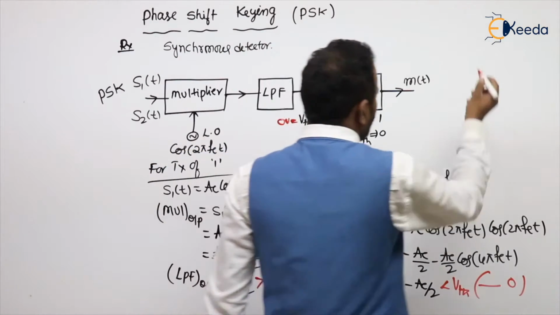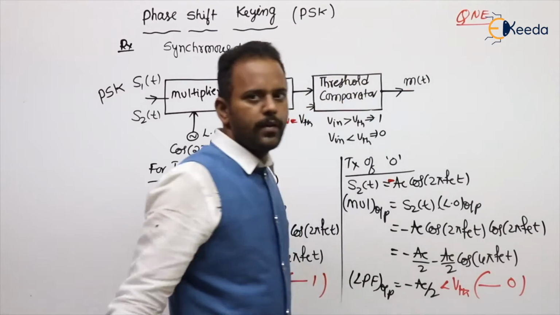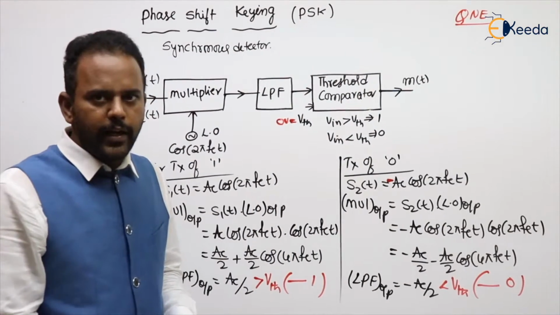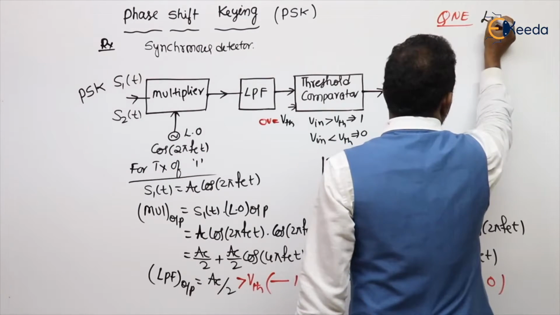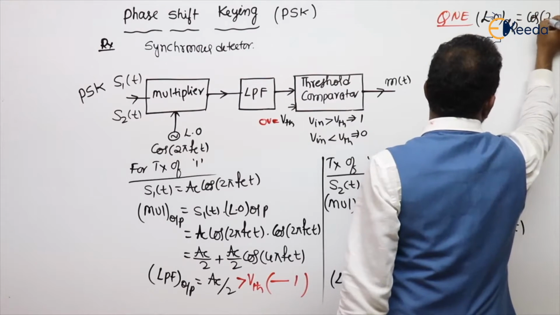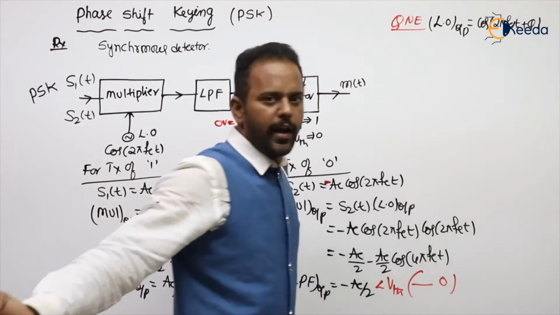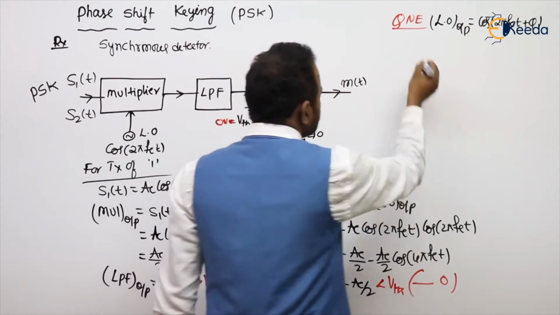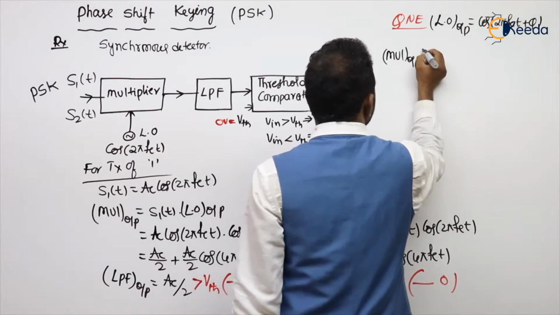Here also we can verify whether it is affected by phase error or not, whenever there is a phase difference. For example, the local oscillator output is cos 2 pi FCT plus some phase difference phi. Then what is the multiplier output?